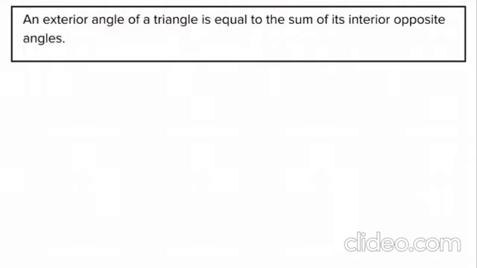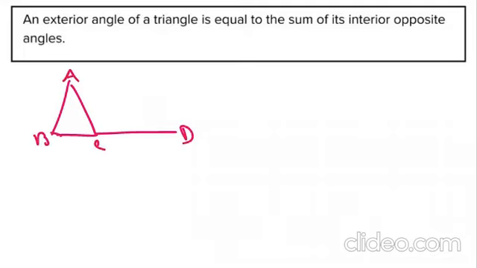What does it say? It means that if I have a triangle like this, A, B, C, D, now this is my angle ACD. Angle ACD, as per the theorem, it says that the opposite angles are what?